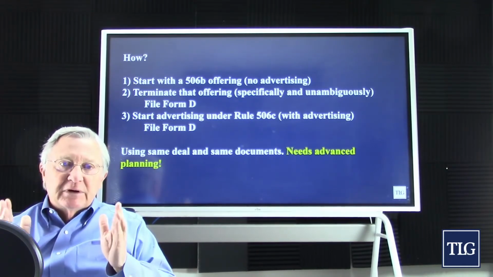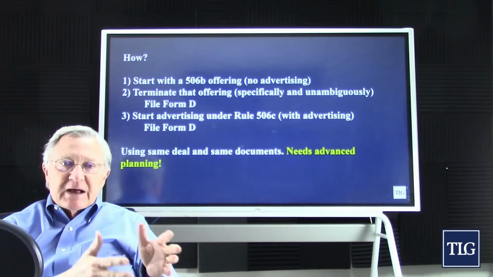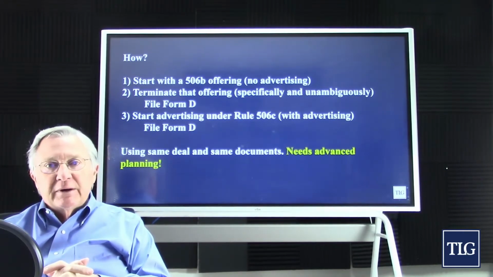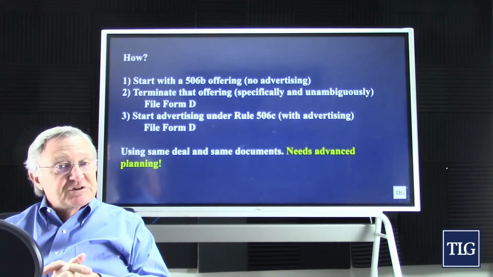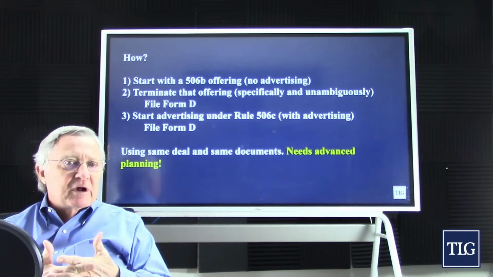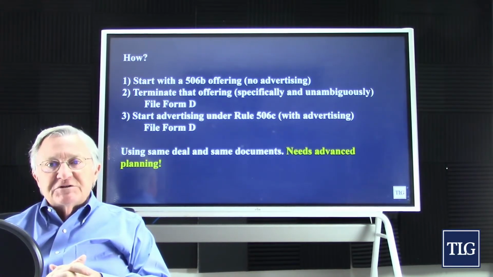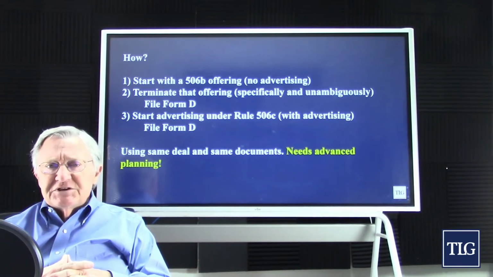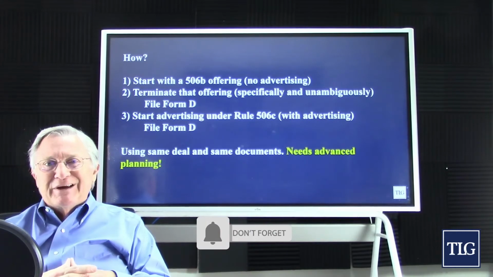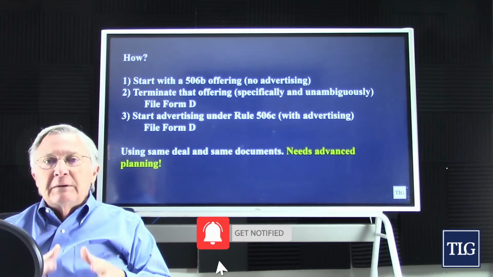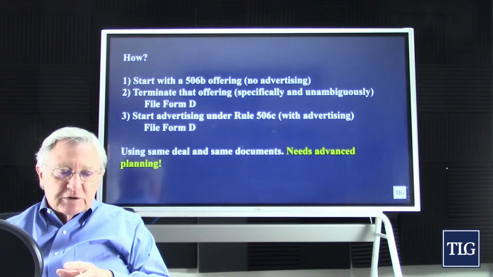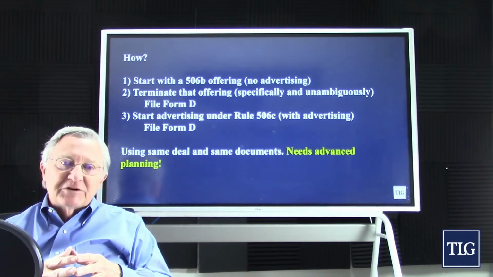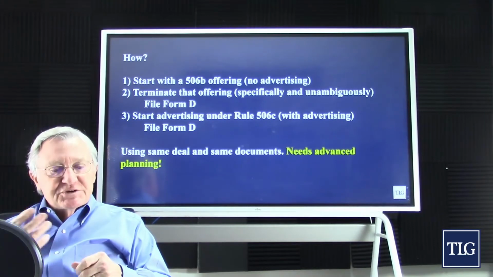We have to be clear that you've stopped raising money in this offering from sophisticated investors and whatever else the rules are under 506B. And we would file a Form D and tell the SEC that that part of the offering is over. Now you pick up the same documents and go ahead and advertise to raise the rest of the money.